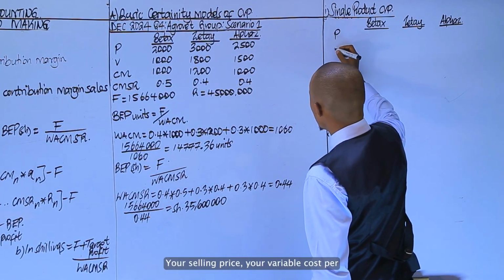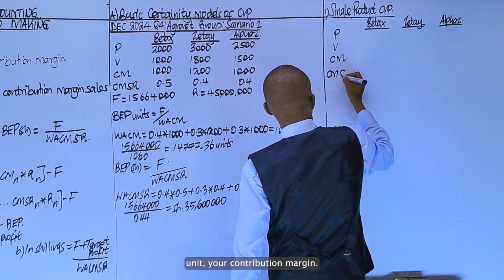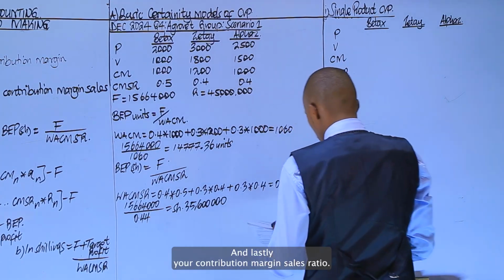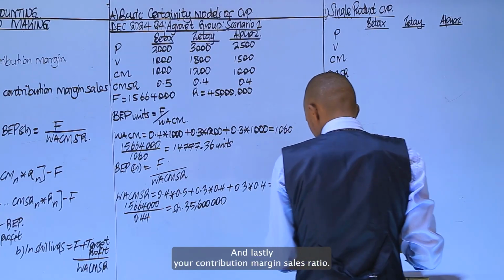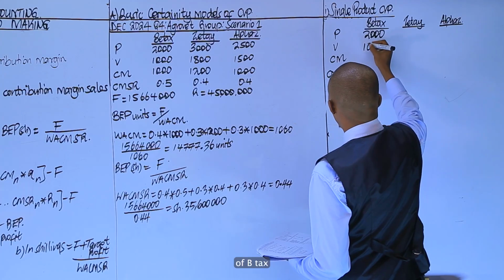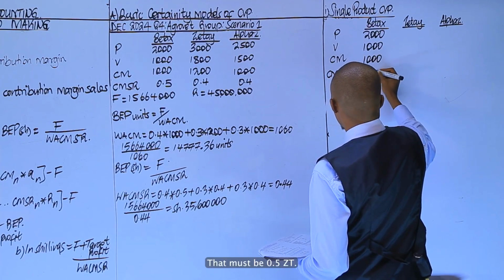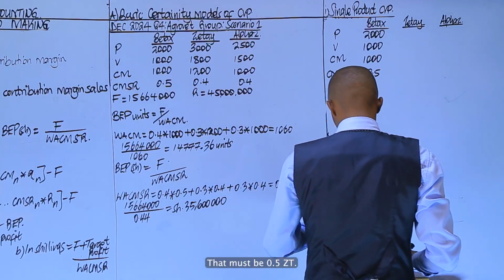Your selling price, your variable cost per unit, your contribution margin, and lastly, your contribution margin sales ratio. Your selling price of Betax is 2,000, variable cost 1,000, contribution is 1,000, that must be 0.5.